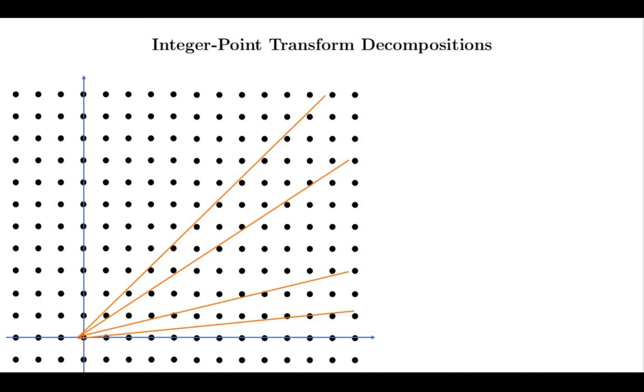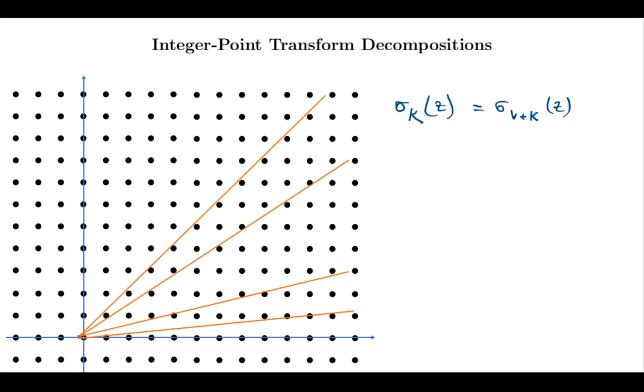I'm moving all my bounding hyperplanes, all the facets of the small cones, in such a way that they don't intersect the integer lattice. What effect this has is I can compute the integer point transform of k by saying, hey, this is really the integer point transform of my shifted cone.